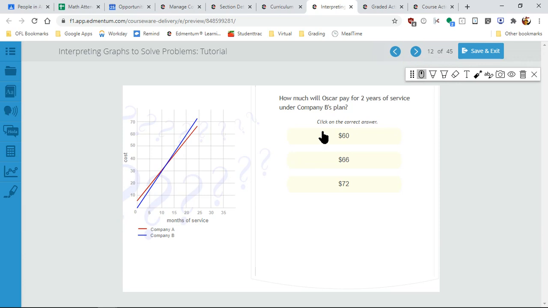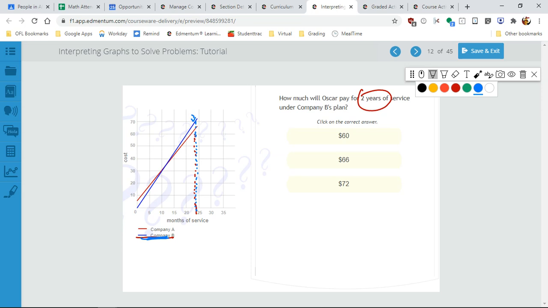Yay. So how much is he going to pay for company B for 2 years? Well, 2 years is still 24 months. So we're going to go up to this 24 months, all the way up to company B, which is in blue. So I guess I should have changed this to blue. I see here that it's at the $70 mark or a little bit above it.